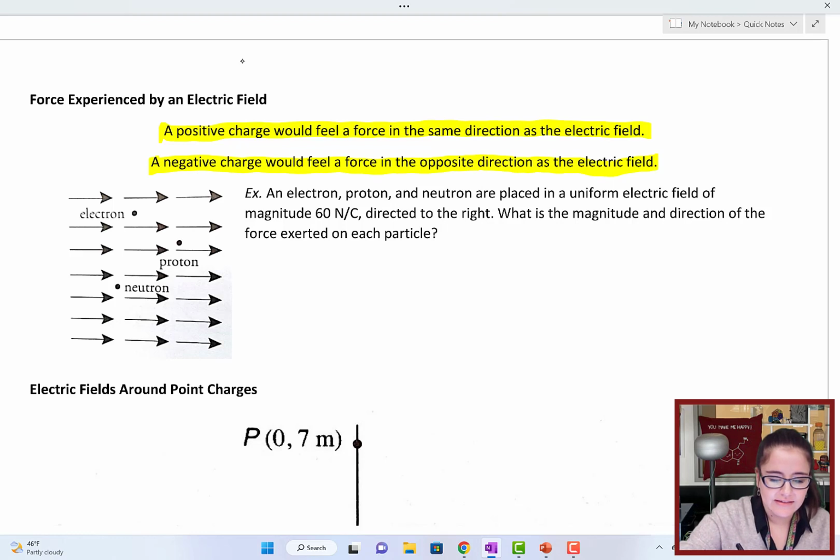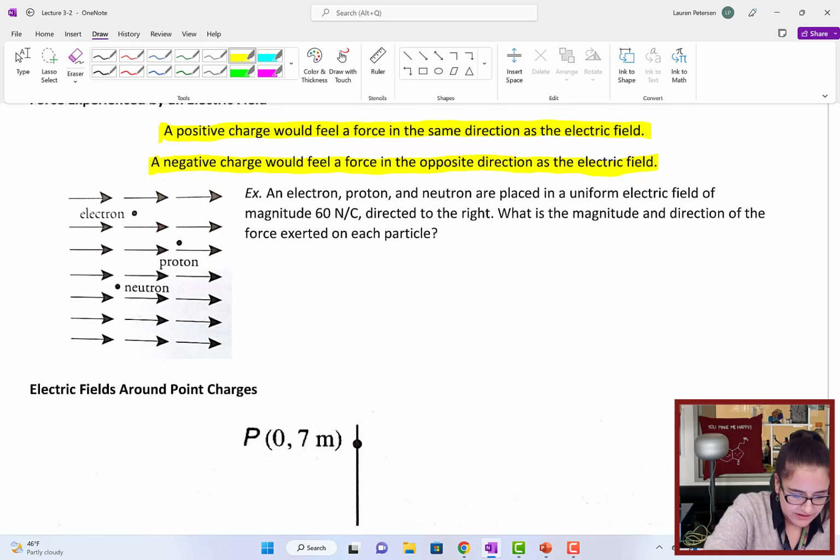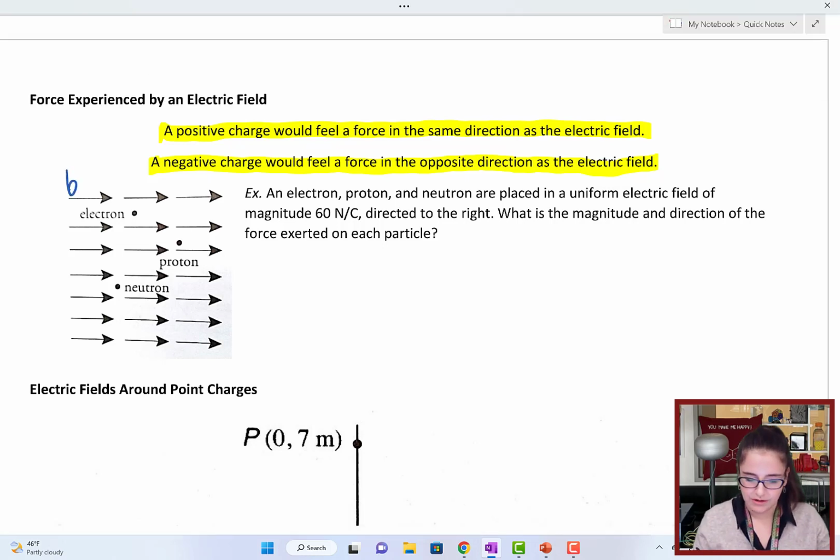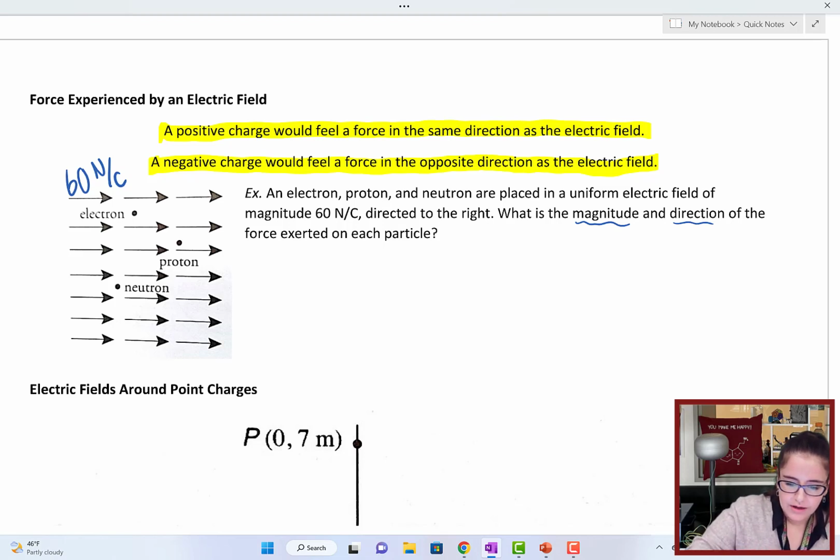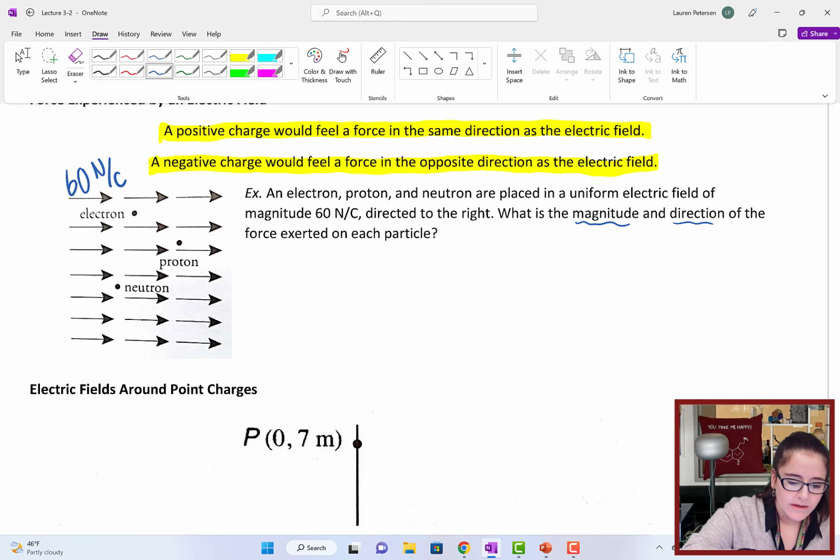So if we look at this example here, where we have an electric field with a value of 60 newtons per coulomb pointed to the right, it asks what is the magnitude and direction of the force on each particle. We have an electron and a proton. We need to get their charges.